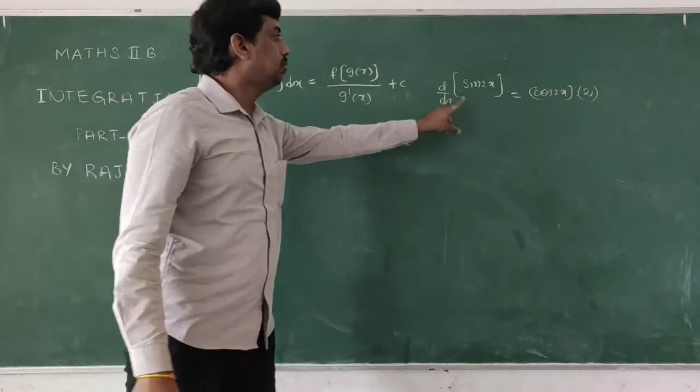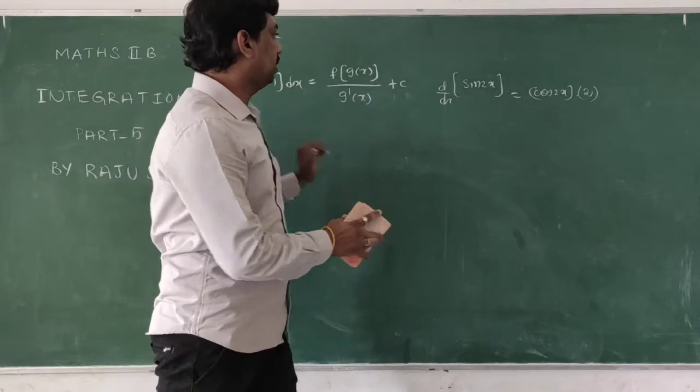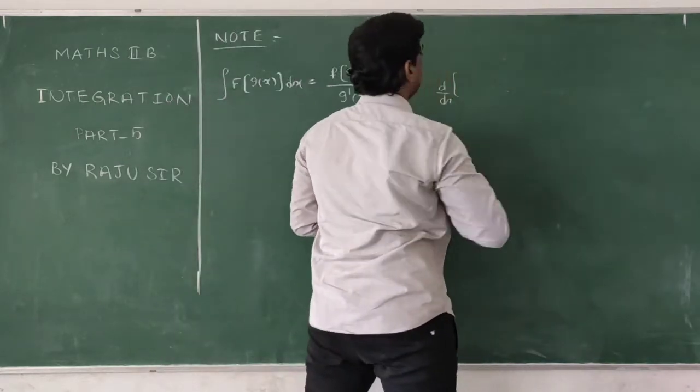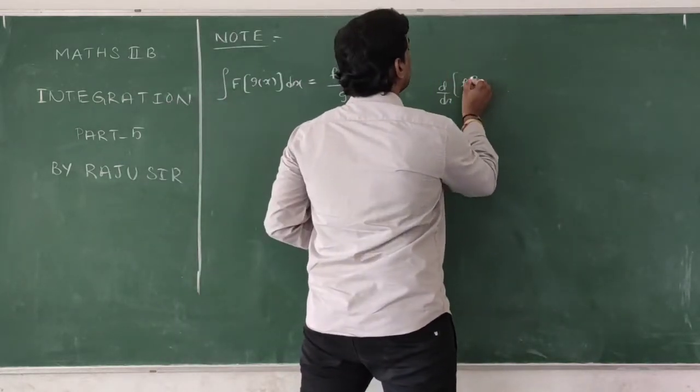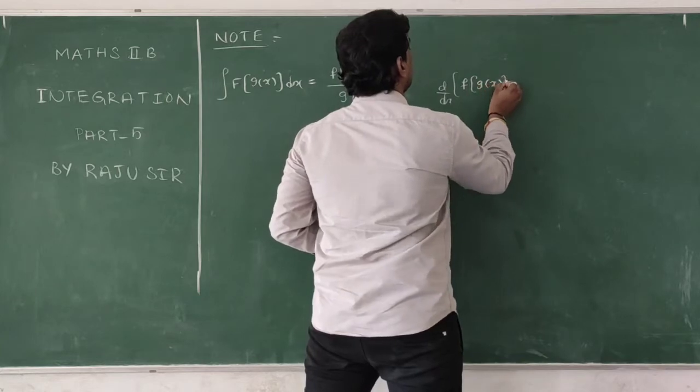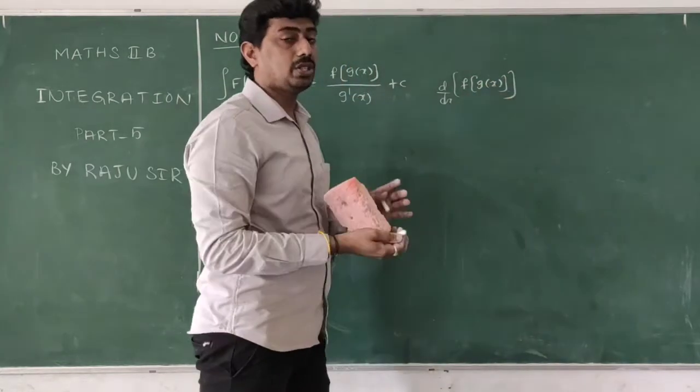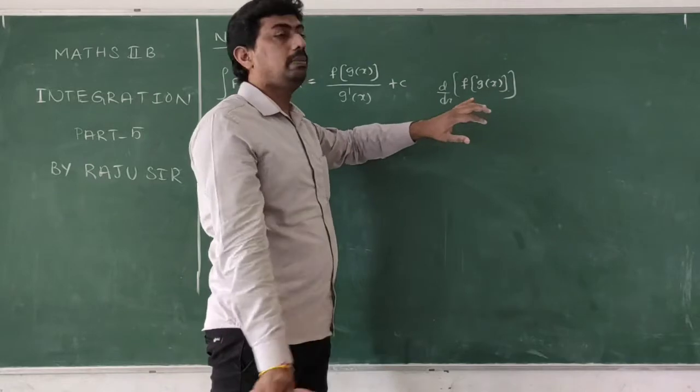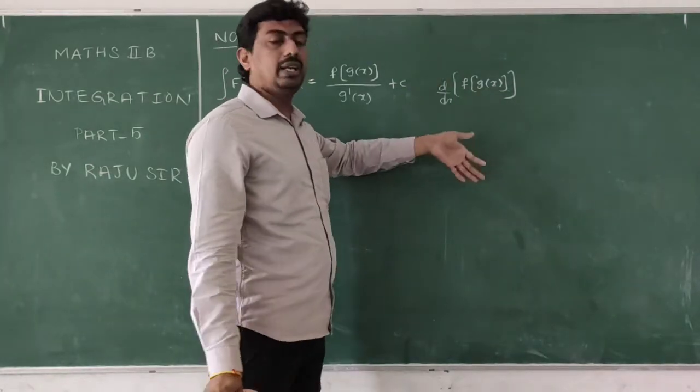Now observe these two differences. For example, if you write the derivative of capital F of g of x, then in differentiation, in the first year Maths 1B differentiation topic, we already learned that.